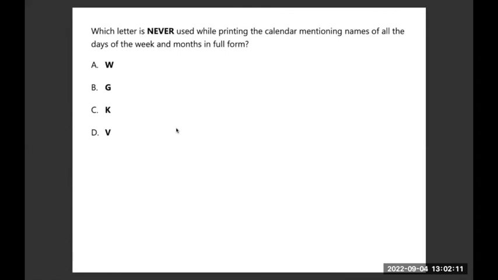There is one letter which is never ever used in a calendar which mentions days of the week, Sunday, Monday, Tuesday, likewise, and the months, January, February, written in full form. They're not written Jan, Feb, Mar, Apr. They're written in full form. So which is the letter which never gets used in that calendar?